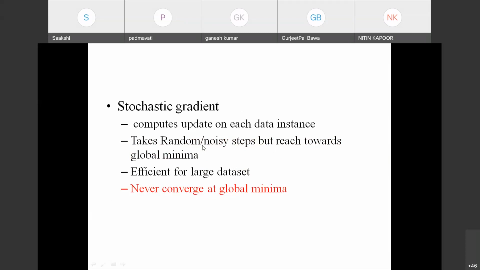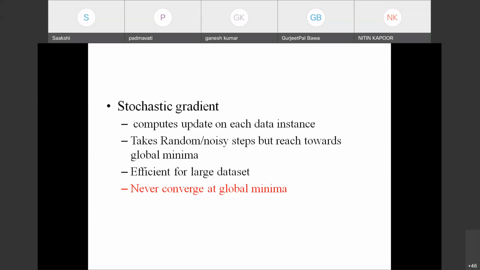But there will exist some oscillation, because one data item will tell, based on the first data item that we have picked, that it has a loss. Definitely there will be some loss when we compute it, and based only on that single observation we are trying to update. So it will drag me somewhere else, in some other direction, maybe away from my global minima.